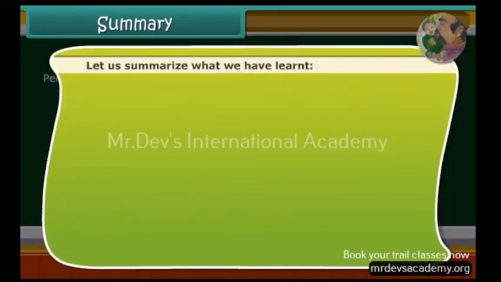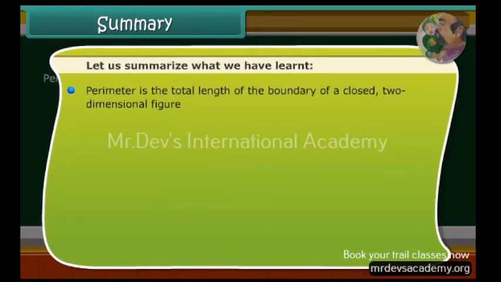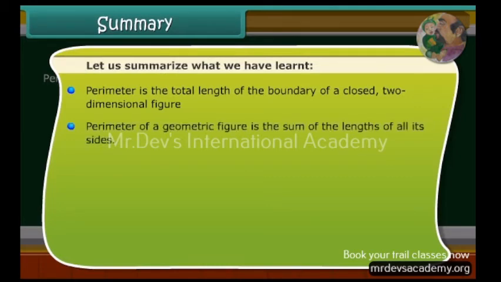Let us summarize what we have learned. Perimeter is the total length of the boundary of a closed two-dimensional figure. Perimeter of a geometric figure is the sum of the lengths of all sides. Perimeter of a rectangle is equal to 2 into length plus breadth.